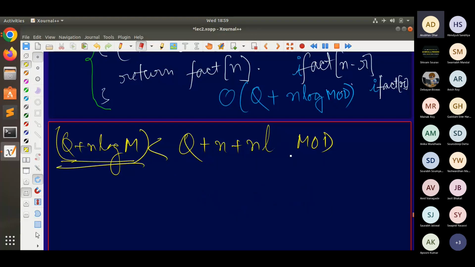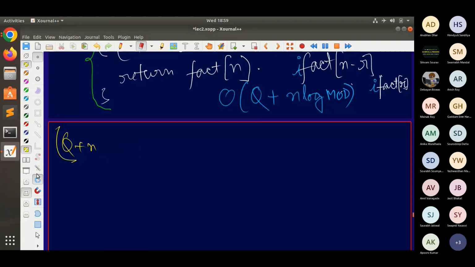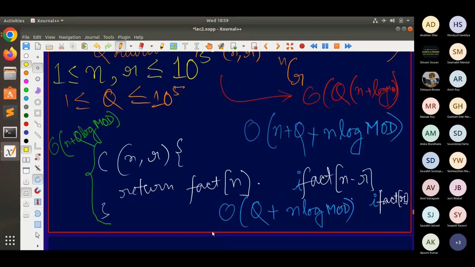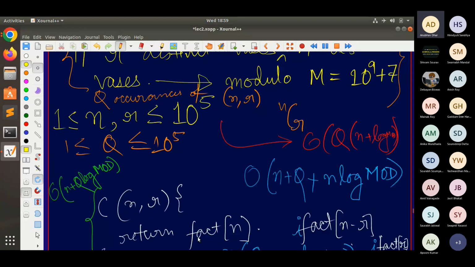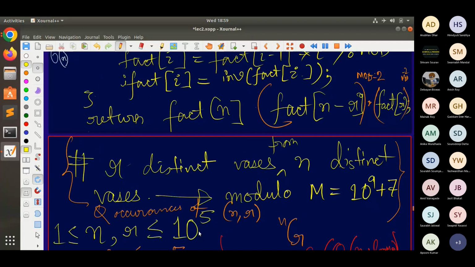This is clear, right? Any questions? Any questions, comments, anything?